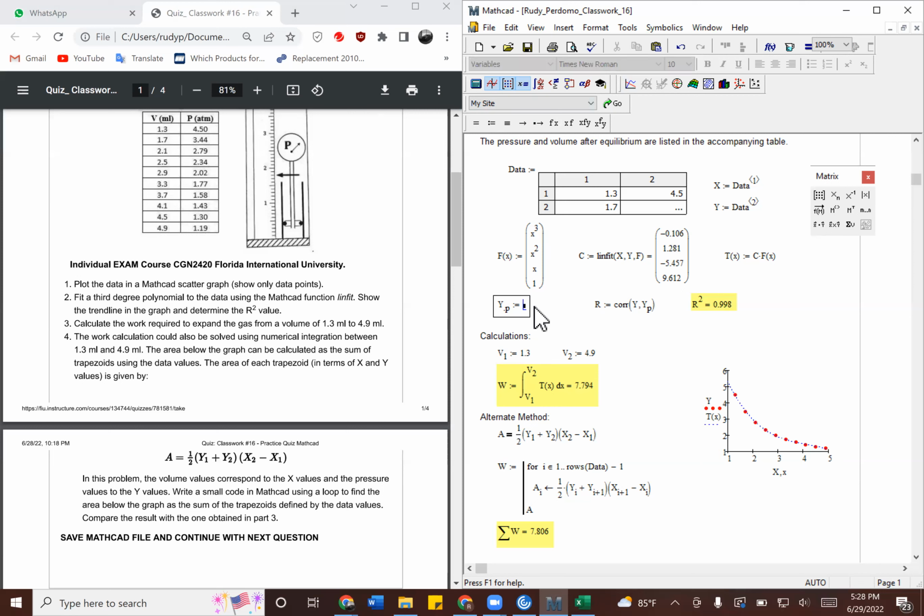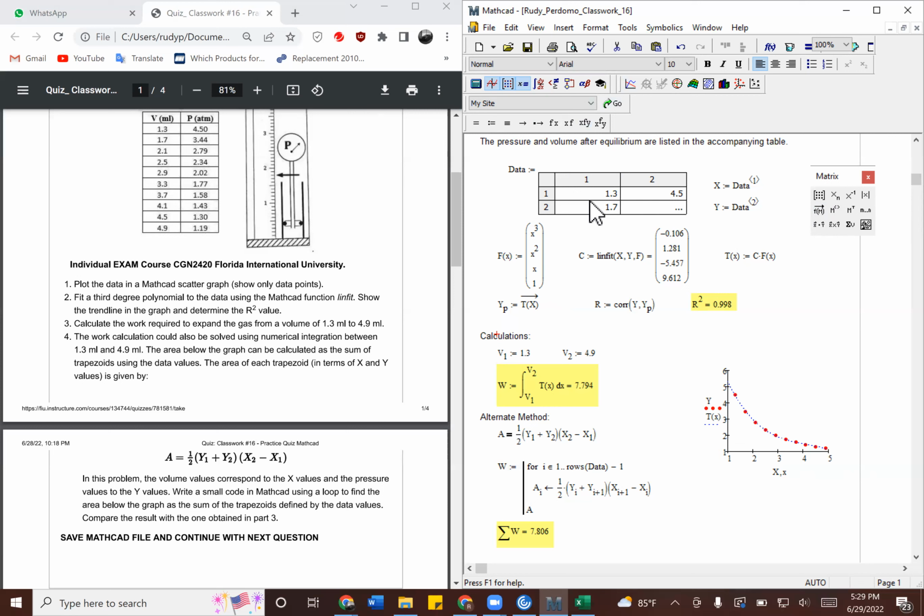Let me just rewrite it here. It's in the matrix toolbar, you vectorize, and then T, and then we want to use the same X values here, so we use the capital X. So now what we have is YP is equal to the Y values from the trend line at the same X points as the data table.